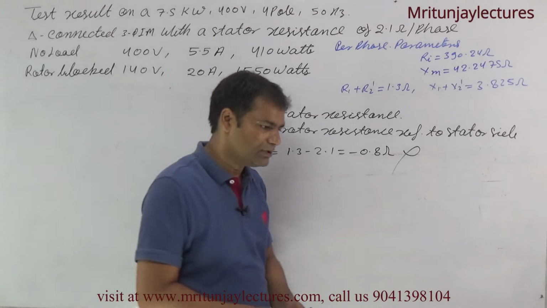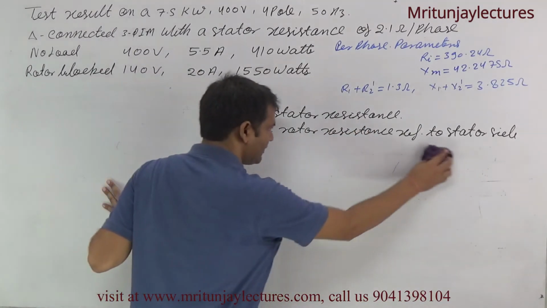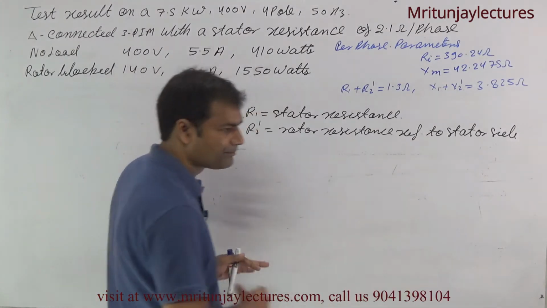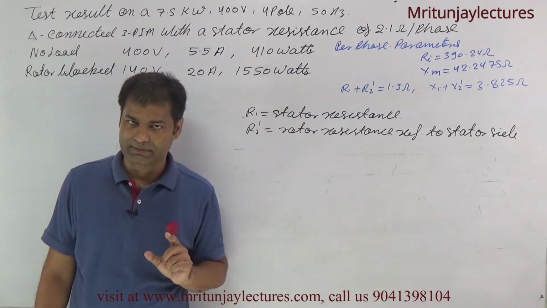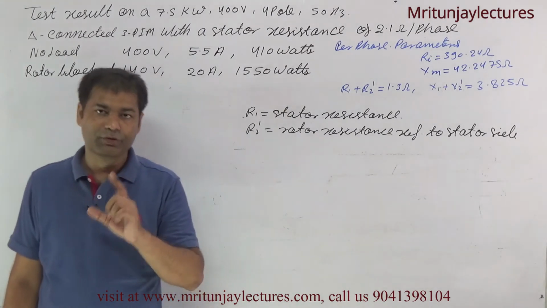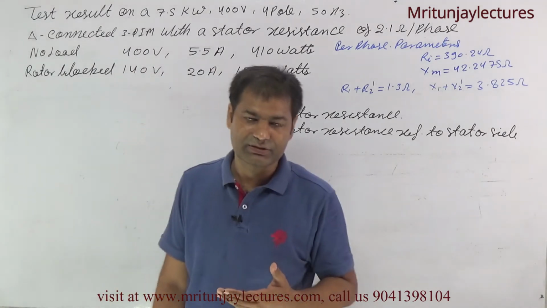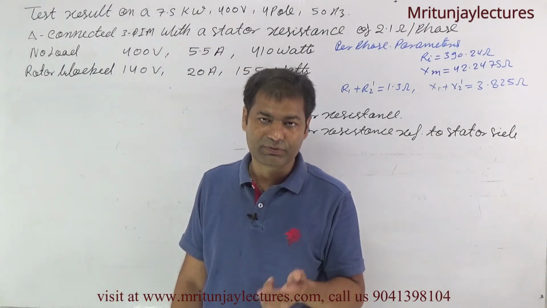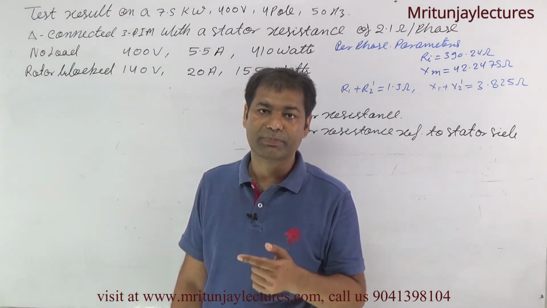Okay, it's clear. Now first of all, how to make the per phase equivalent circuit of the delta connection. Before that, we have discussed the definition of the equivalent circuit per phase.